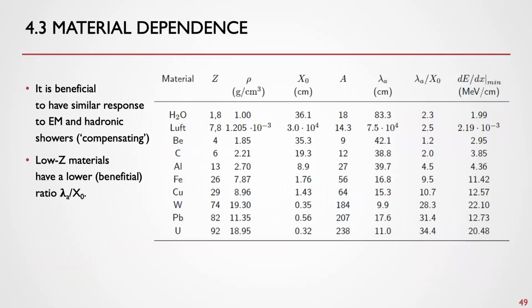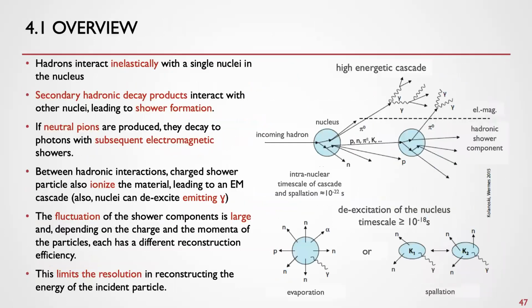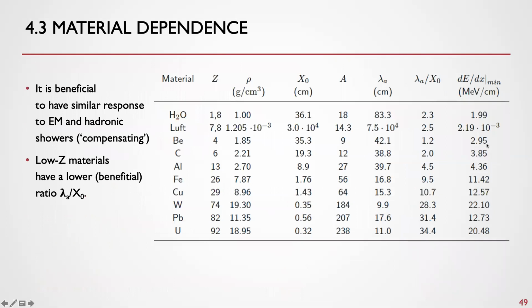Here are different materials. For building calorimeter detectors, it's actually beneficial to have a similar response of the electromagnetic and the hadronic showers. The reason is that the fluctuations between the electromagnetic and the hadronic shower components should, on average, cancel.